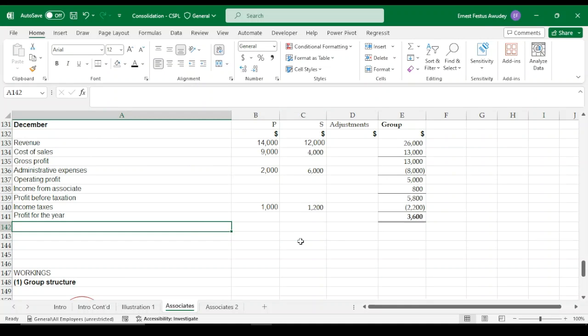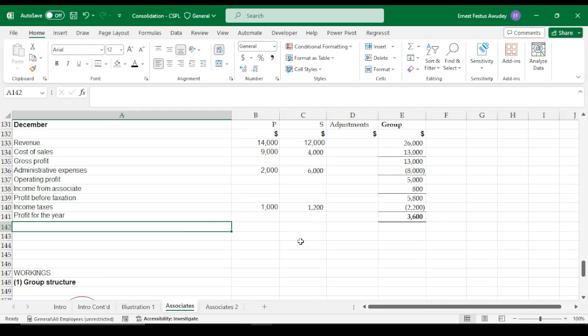As we already know, when it comes to the consolidated statement of profit or loss, we are going to have a section for splitting the profits between the owners of the parent and the non-controlling interest.